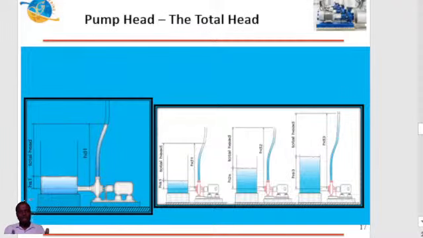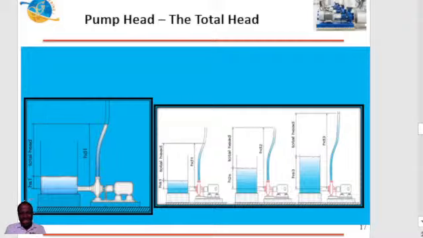And if there is no constant flow of liquid into the suction tank, your suction tank level will be reducing. So there is always an increasing or lowering of your suction tank level as long as the pump is in operation.